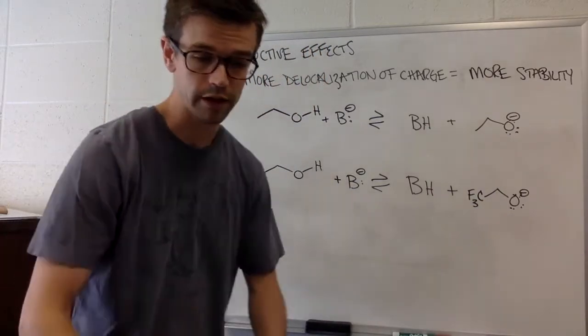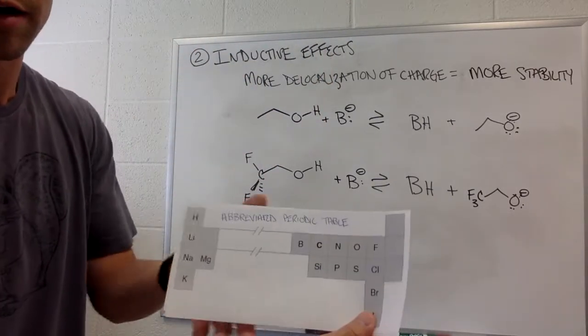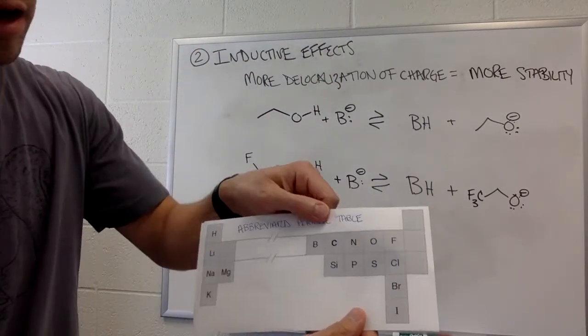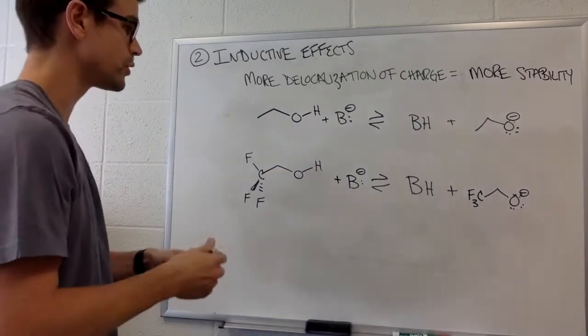Fluorine is the most electronegative atom. If we look at our abbreviated periodic table again, fluorine is way over here. It's the most electronegative atom, so that is going to pull.